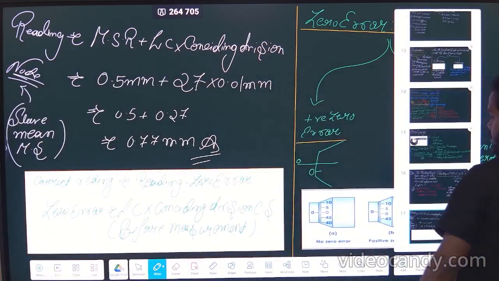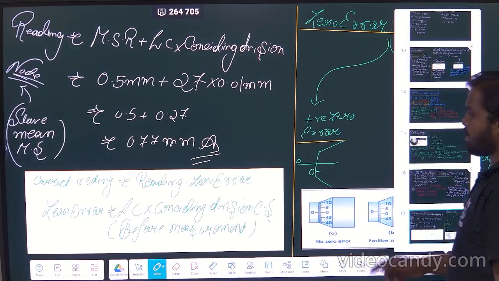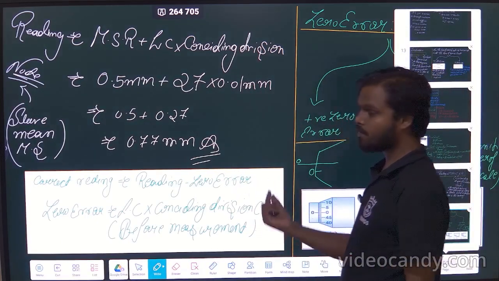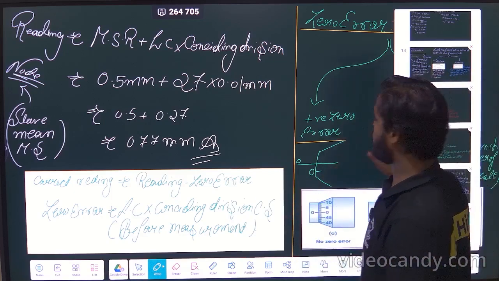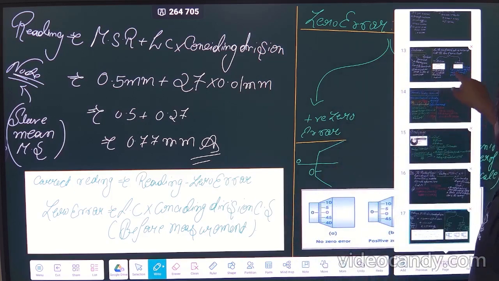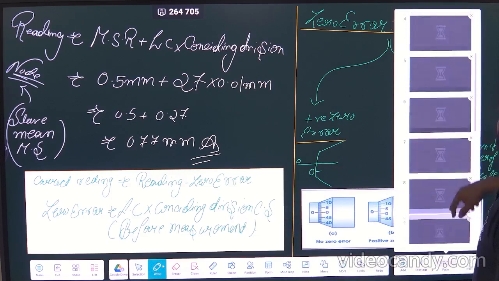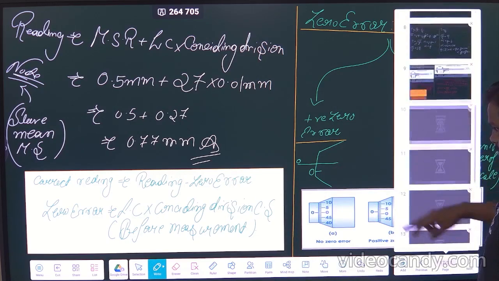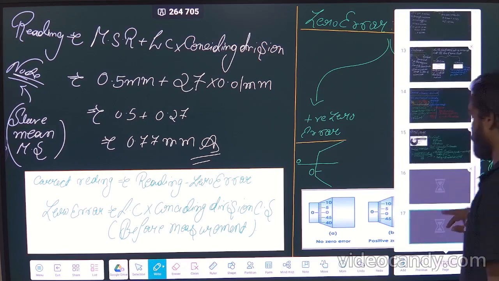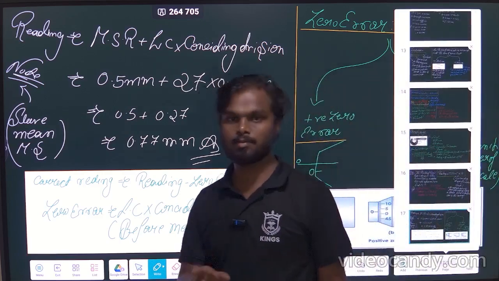And remember, you have to put the value with sign. If it is a positive zero error, you put the value with plus. If it is a negative zero error, you put the value with minus. You have to remember that in both cases, vernier caliper and screw gauge. In both cases, you have to put everything with the sign. Then only it will work.